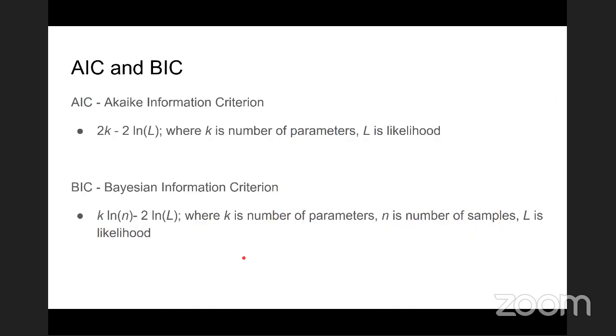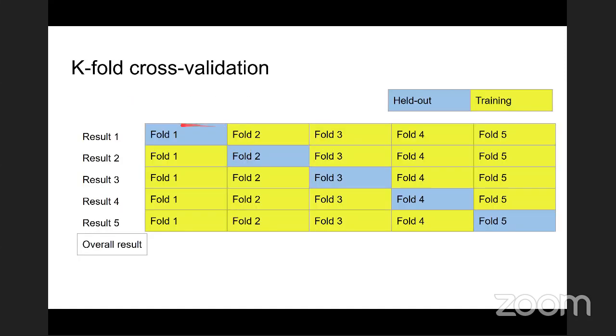So in k-fold cross-validation, you would divide the data into k folds, and then for each model, you will run 5 different training runs. One on fold 2 to fold 5, the second on fold 1, fold 3, fold 4, and fold 5, the third one on fold 1, fold 2, fold 4, fold 5, etc. And you will find the validation result on fold 1, fold 2, fold 3, fold 4, and fold 5.